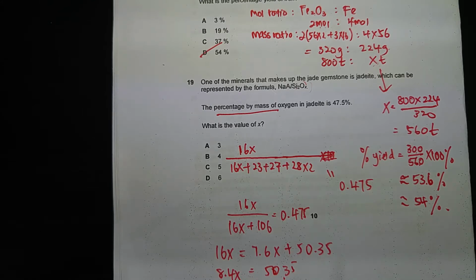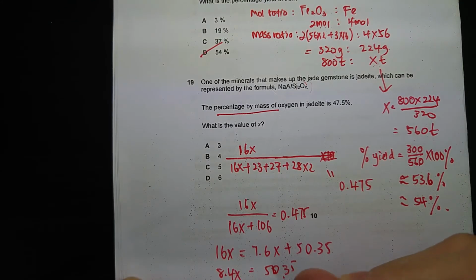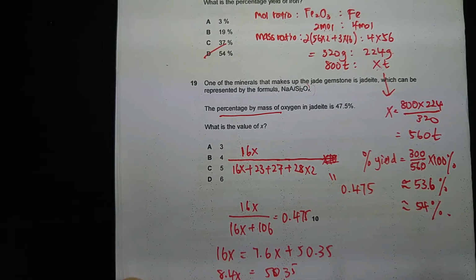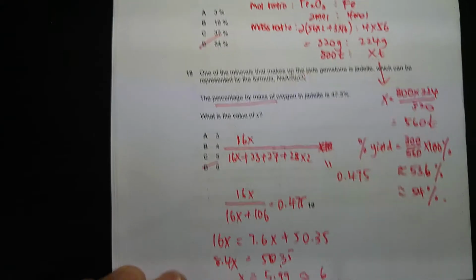There will be 6. X is actually 5.99 something, which is 6. So the answer is D.